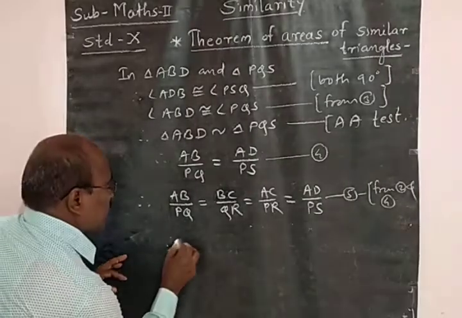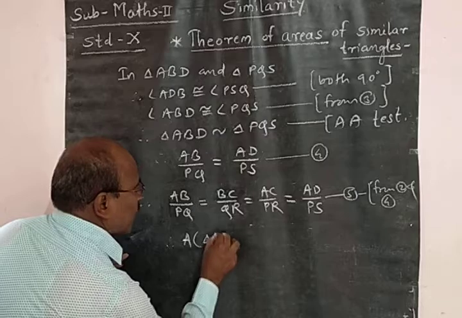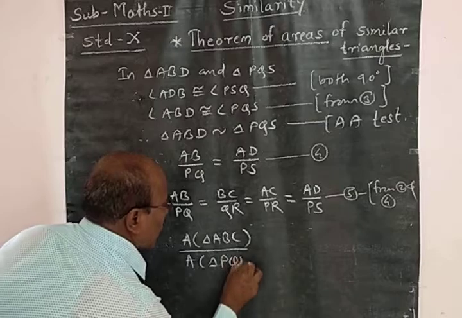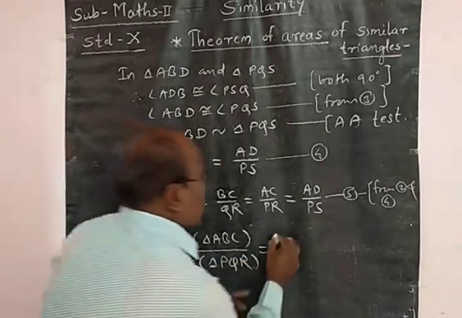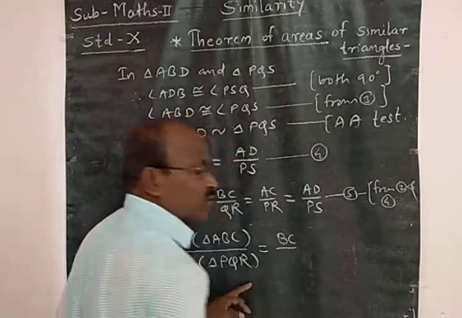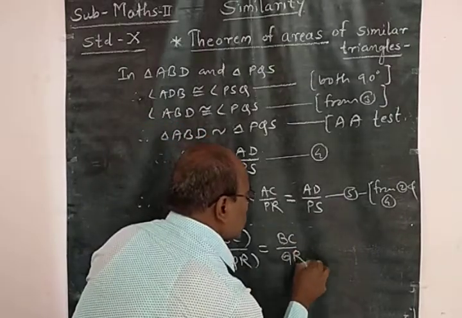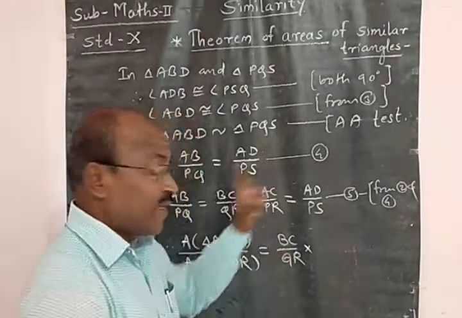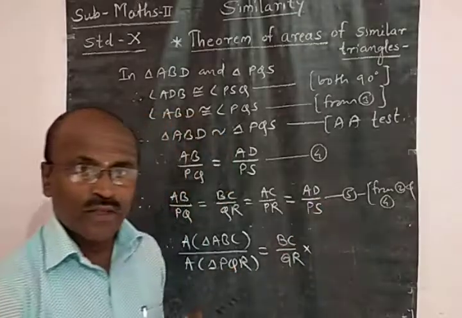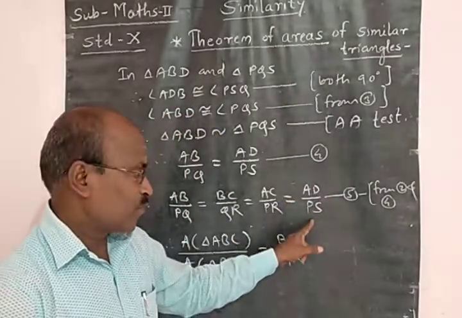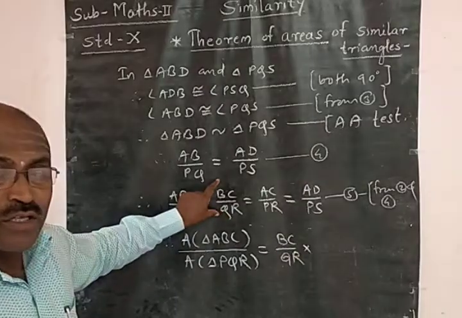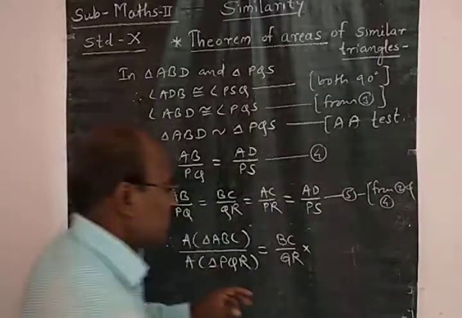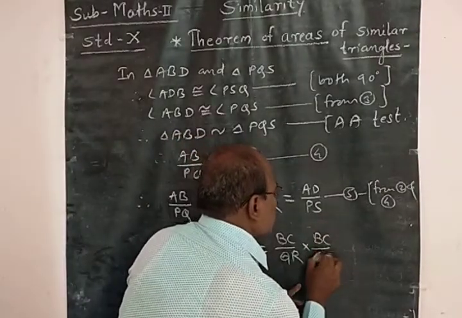So right here, area of triangle ABC divided by area of triangle PQR is equal to BC upon QR into, instead of AD upon PS, write BC upon QR. Instead of AD upon PS, write the statement BC upon QR. So write here BC upon QR.